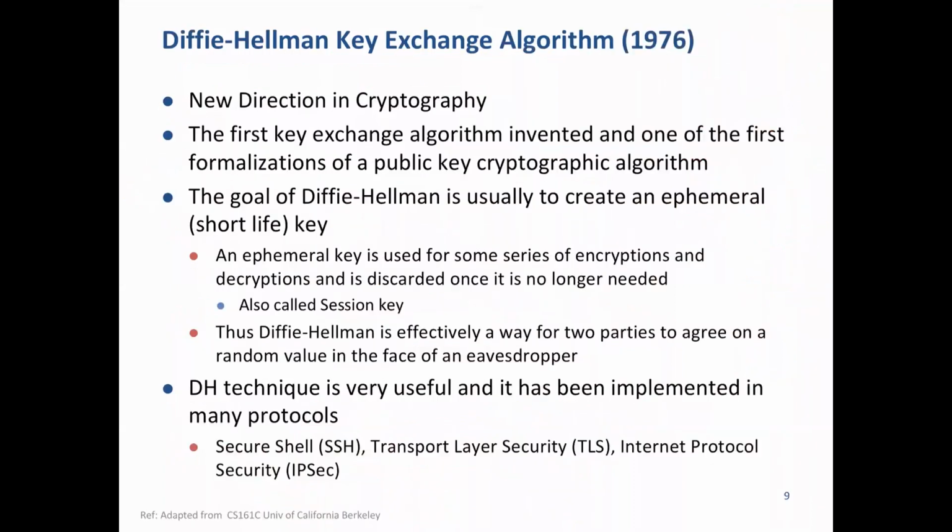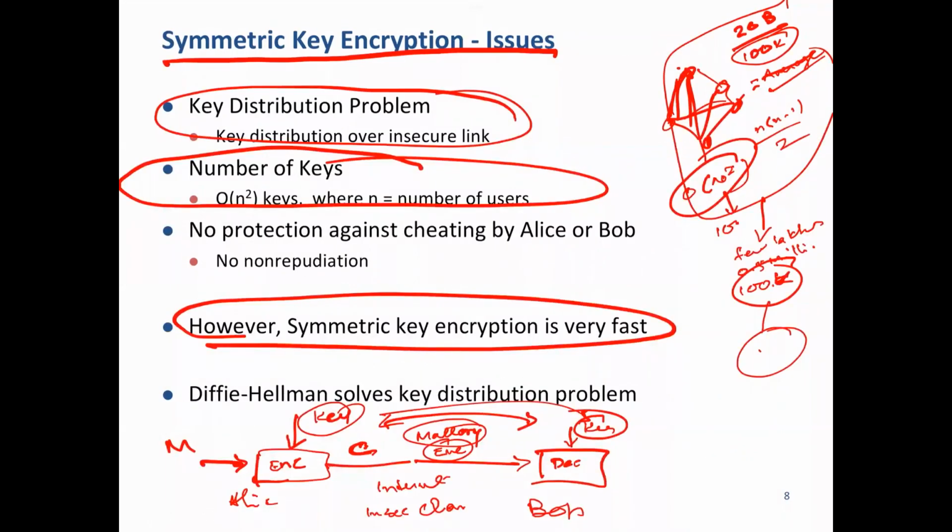Okay, that's the second problem. What is the third problem? The third problem is the problem of symmetric encryption. If Alice or Bob cheats, there is no way you can find out that Alice and Bob are lying. So there is no non-repudiation property. It means that in this mechanism one cannot catch Alice or Bob if they lie.